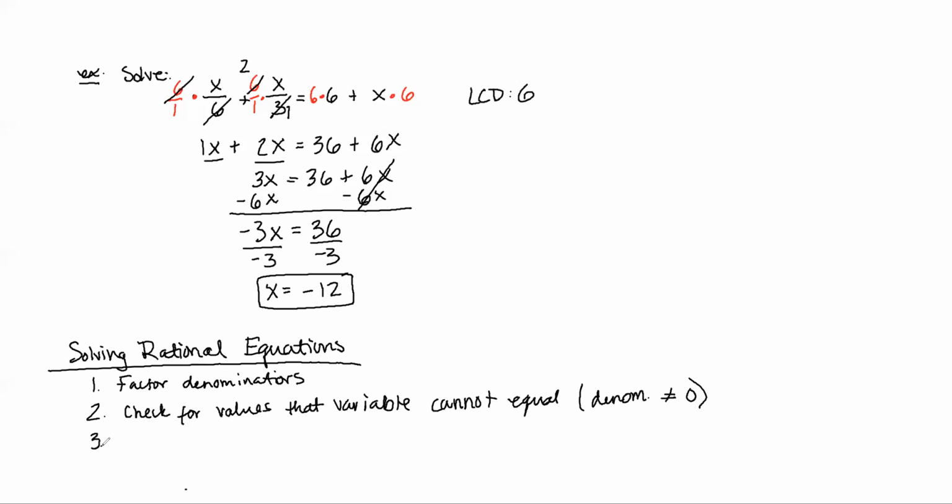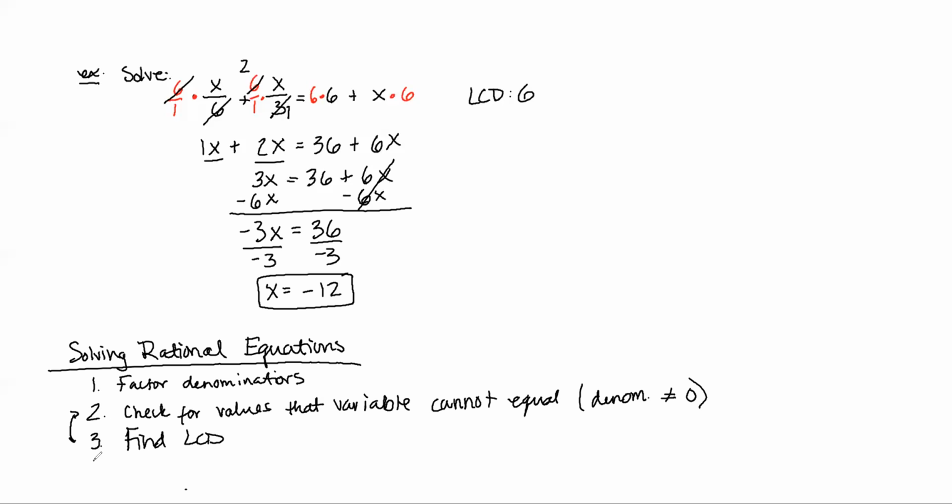Thirdly, you want to go ahead and find the LCD. And for this step, it doesn't matter which one you do first between 2 and 3. You do want to factor the denominators first, just because you're going to have to do that for both of these anyway. But it doesn't matter which one you do out of these two first. I just like to find the values that the variable cannot equal first, just so you don't forget it.